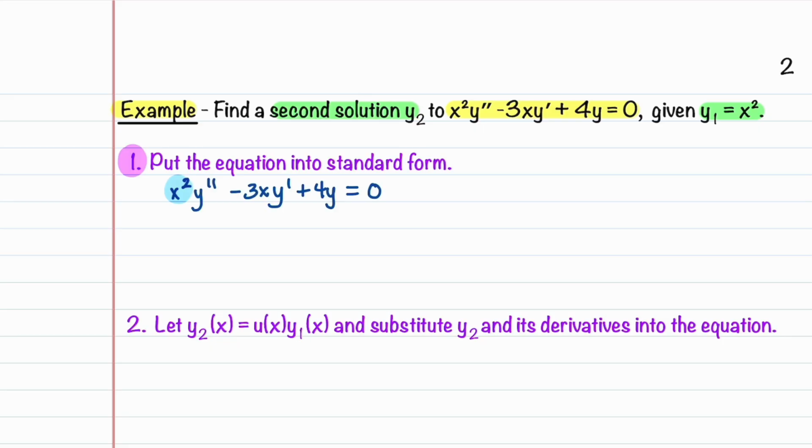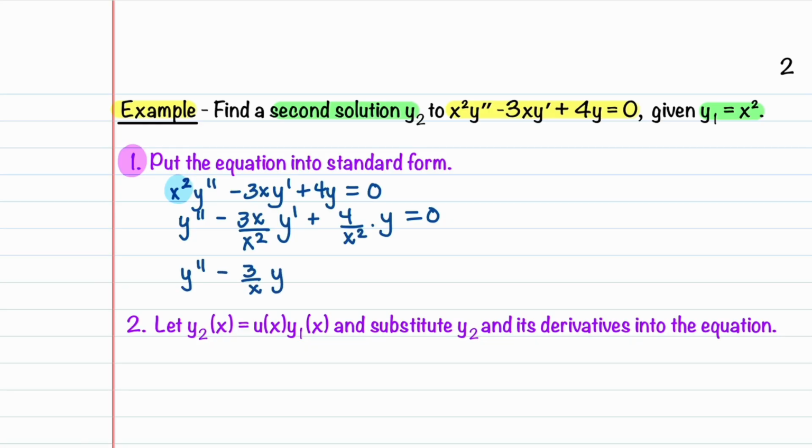So we're going to divide everything by x squared, and that gives us y double prime minus 3x over x squared times y prime plus 4 over x squared times y is equal to 0. Let's simplify this, and we get y double prime minus 3 over x y prime plus 4 over x squared times y is equal to 0.